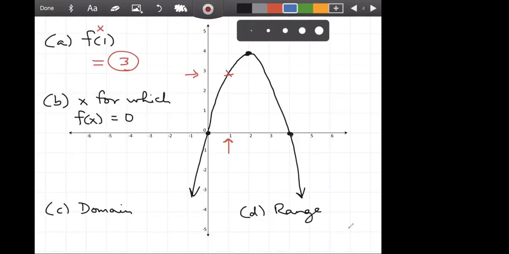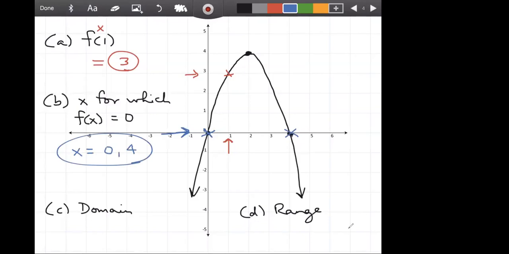So I go to y equals 0, which is the x-axis, and I look for all the points where y is equal to 0, and in this case, there are 2 of them. That can happen. One there, one there. All right, so there are 2 values of x that do that, x equals 0 and x equals 4.